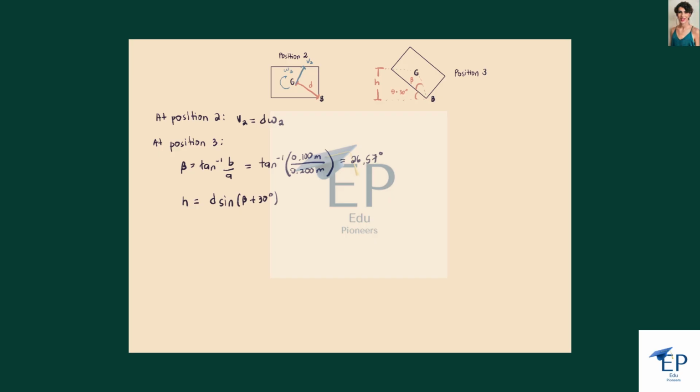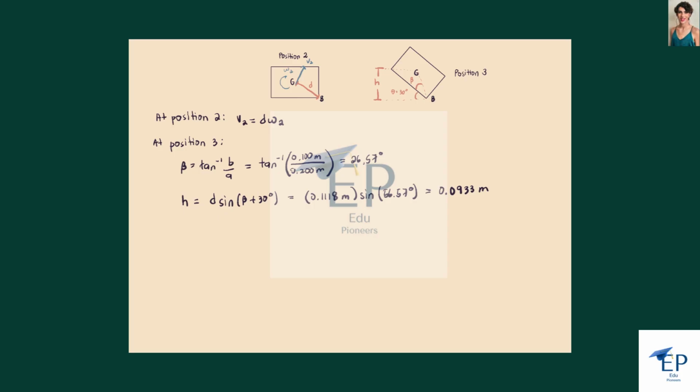Earlier we got a value for d, 0.1118 meter, and then times sine of 26.57 degrees plus 30 degrees, which is 56.57 degrees. So this would be equal to 0.0933 meter. Okay, so that's the value of our h.